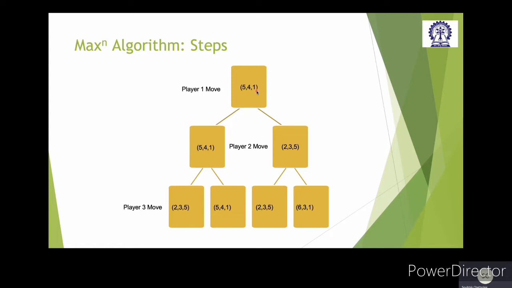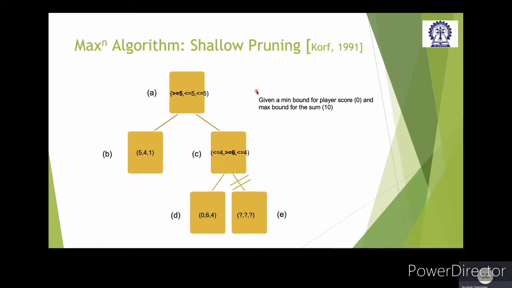I'll be mentioning two of them now. The first one is called shallow pruning, which was discussed in the paper by Korf in 1991. This is given a minimum and a maximum bound for the player's scores, where the minimum bound is 0, and the maximum bound for the sum of all the scores is 10.